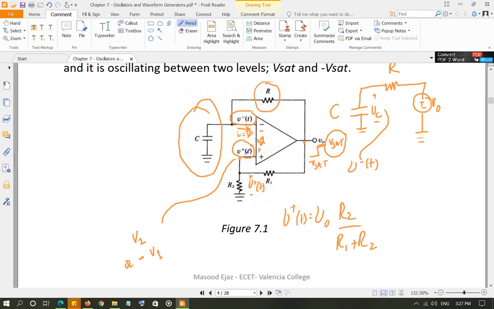Let's start like that: let's say this voltage is V1, and the capacitor is charging. As soon as the capacitor voltage exceeds V1, the output, which was at Vsat, is going to switch to negative Vsat, because the capacitor voltage has just become greater than this voltage.